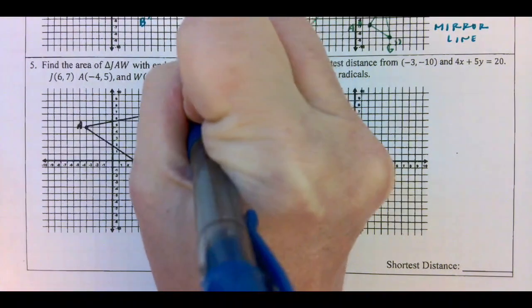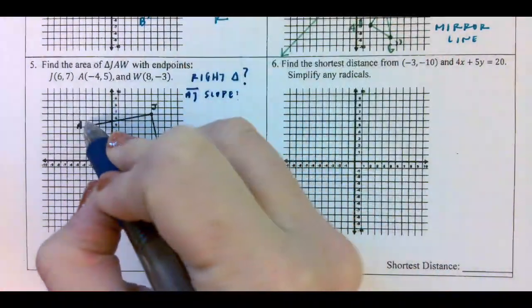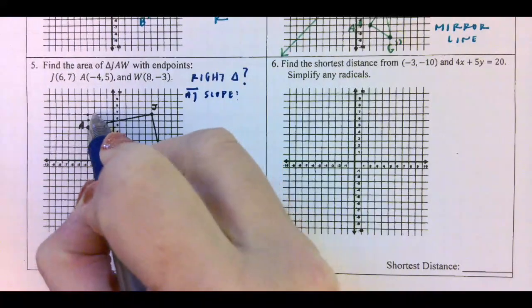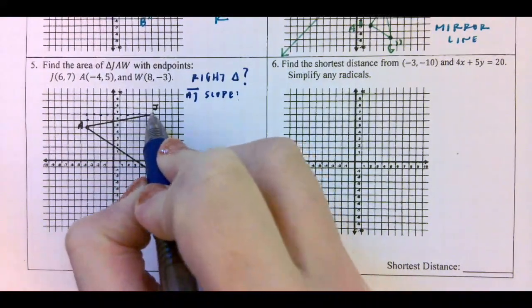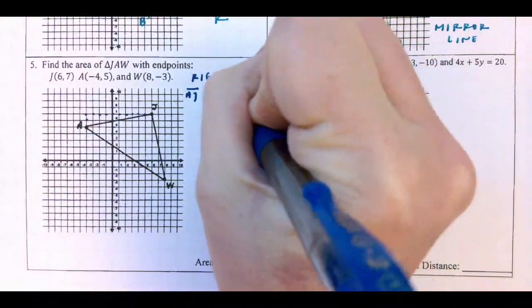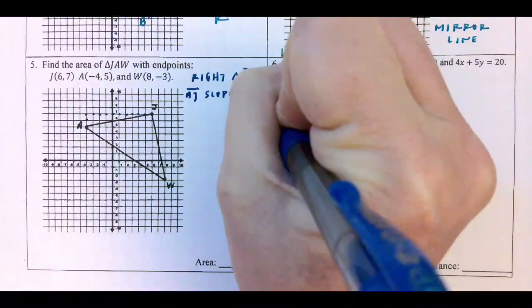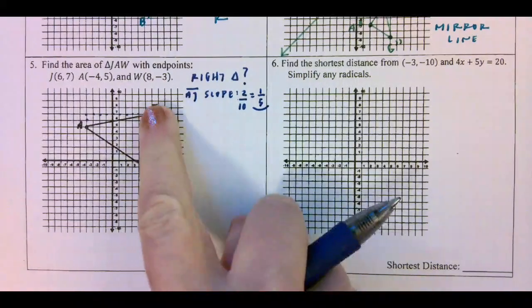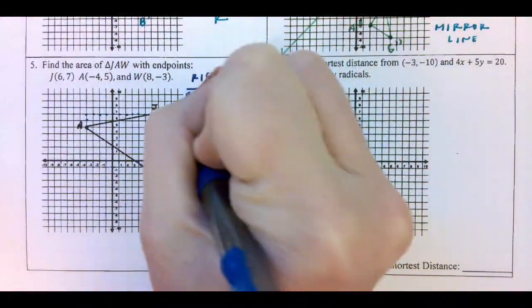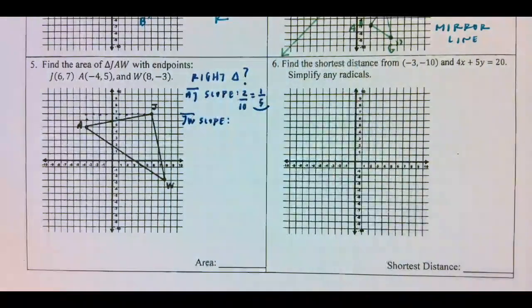So if I look at AJ for a second, and I'm looking at its slope. So here I'm going up 2 and right 1, 2, 3, 4, 5, 6, 7, 8, 9, 10. So up 2, right 10, right, reduces to be 1 over 5, 1/5. The slope is 1/5. So then if I look over here at JW and I want to see what its slope is, I want to see that it's an opposite reciprocal, because then this would be a right triangle.